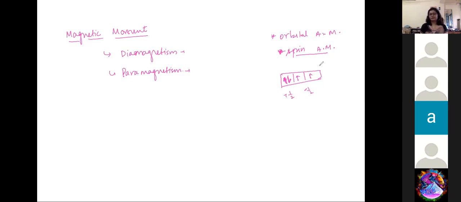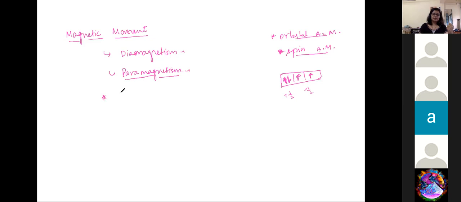Now in the case of paramagnetism, that arises due to orbital angular momentum and spin angular momentum. Because they are not paired up, all of them have the same spin, they kind of add up, they don't cancel each other out, and the result is a much stronger effect to the magnetic field, which is paramagnetism.